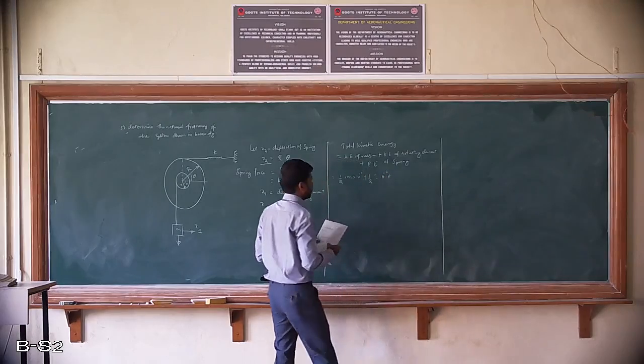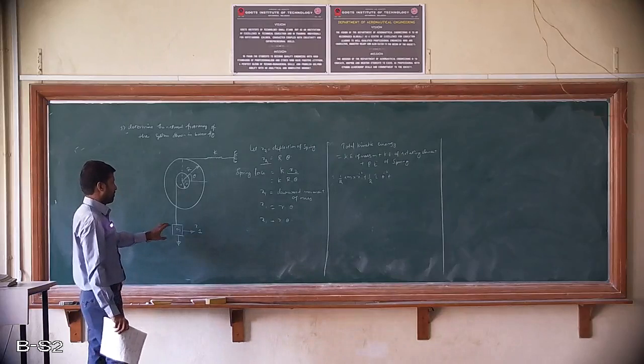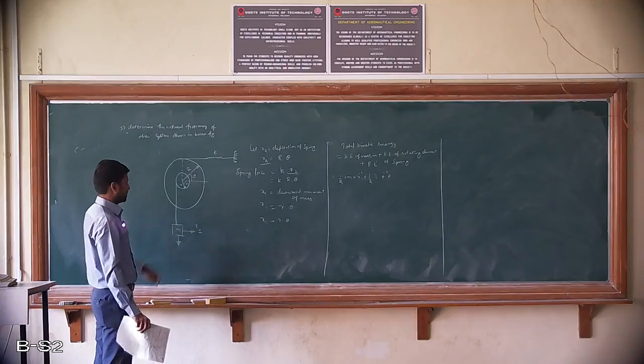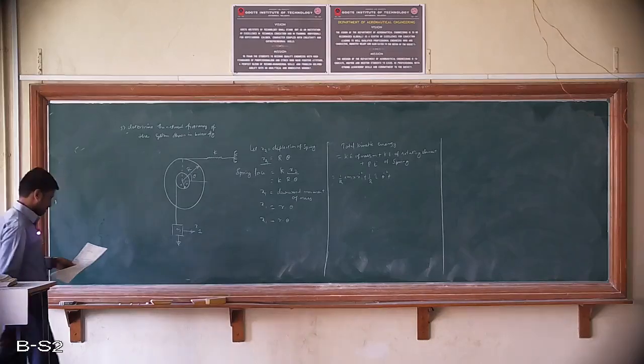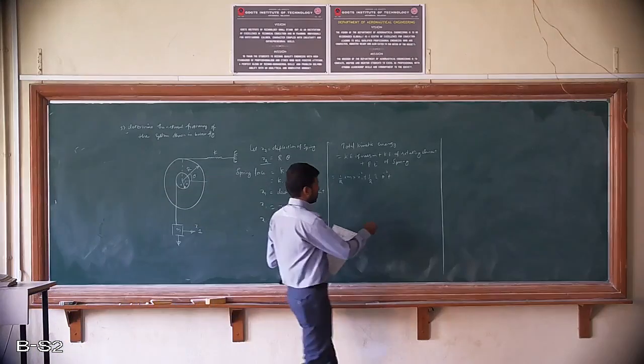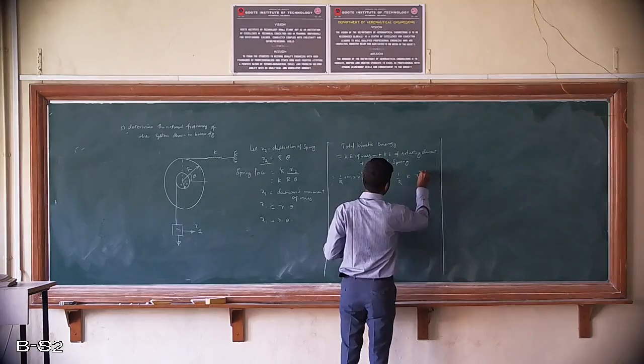Whenever we have a rotating element, its kinetic energy is given by half into I into theta dot square. If it is a linear movement, then it is half into m into x dot square. Plus the potential energy of the spring, that is half into k into x2 square.